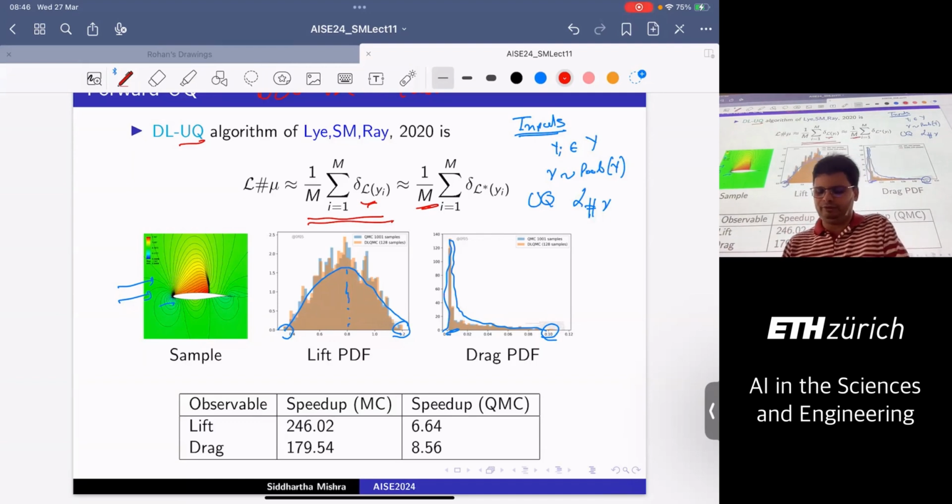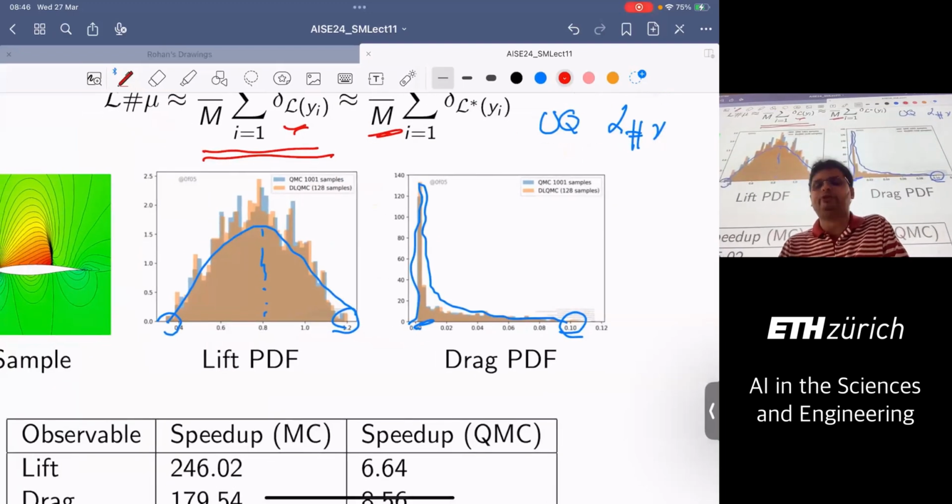And then if you look at the speed up, first of all, the results are very good because, of course, your surrogate has been trained very accurately. So there is little scope for errors. And you can't really distinguish between the probability density functions, the PDFs, the histograms in this particular case, that you get from your surrogates and from your ground truth, in this particular case the Monte Carlo, the quasi-Monte Carlo run.